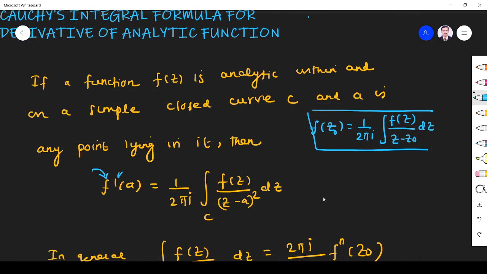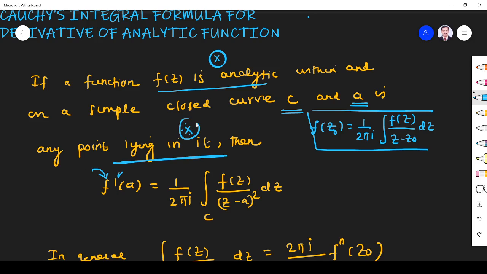The statement is: the function f of z should be analytic, the first condition. Whatever problem they give will be an analytic function, no need to worry about it in the exam, especially the TNEB exam. The function f of z is analytic within and on a simple closed curve, and a is a point lying inside. That is a very important point.